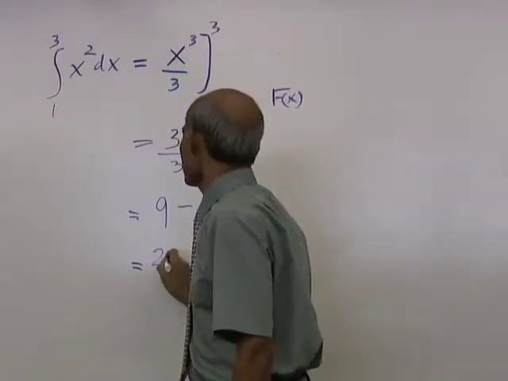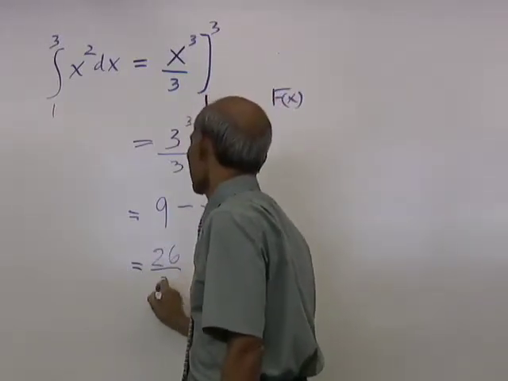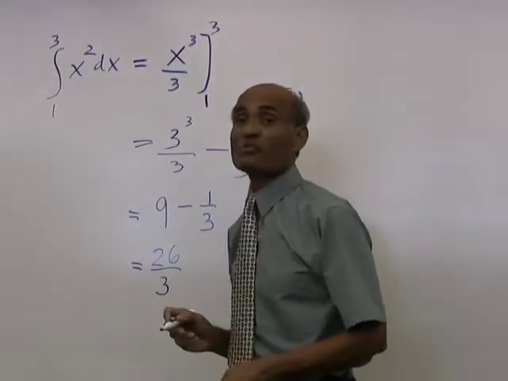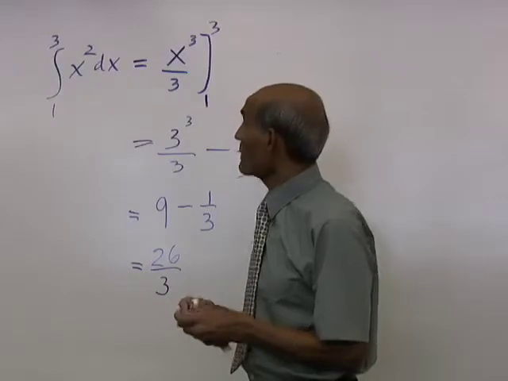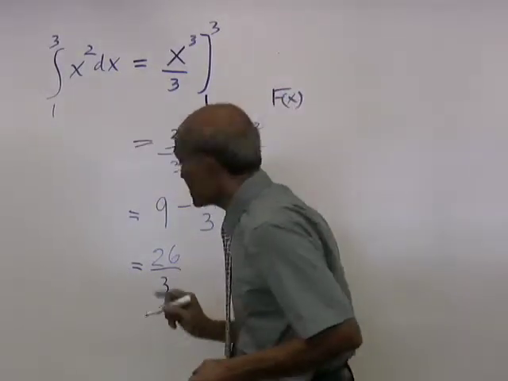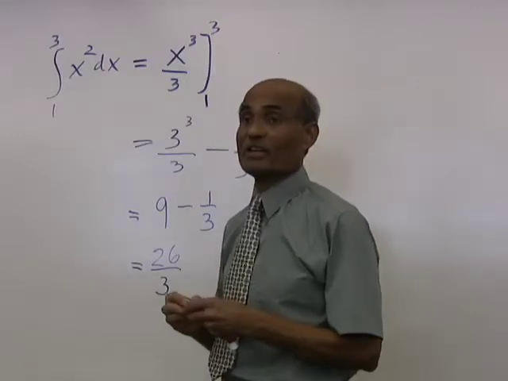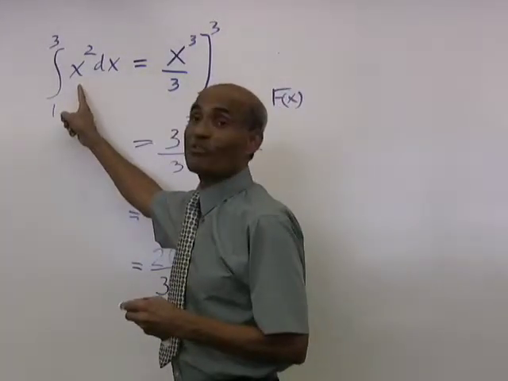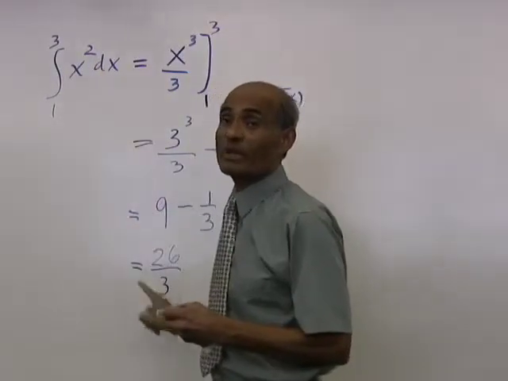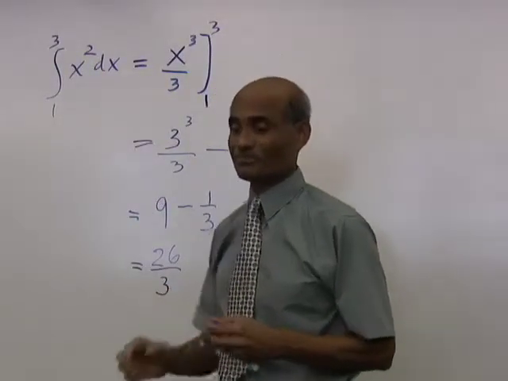It will be 26 over 3. Is that right? So the integral from 1 to 3 of x squared dx is 26 over 3. The area enclosed by the graph of x squared from x equal to 1 to x equal to 3 is this value.